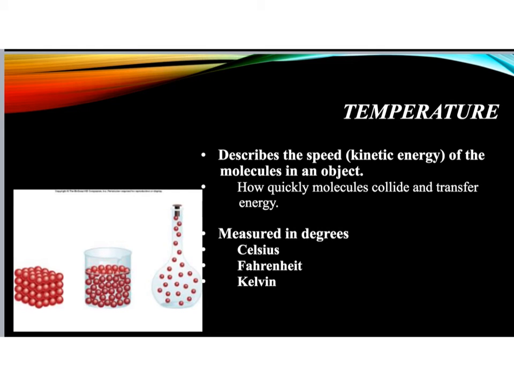Temperature actually describes the speed or the kinetic energy of the molecules in an object. So it's telling us how fast the molecules are moving. Remember, kinetic energy is dependent on velocity. So the higher the velocity of an object's molecules, the more kinetic energy it has.